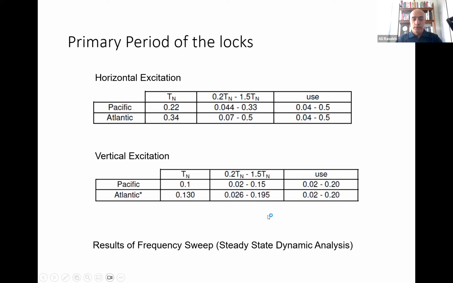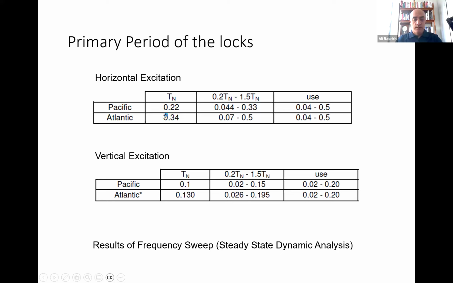Then you do a frequency sweep, which means you redo the analysis with waves of various frequencies, and then you see which frequency results in the largest response. That's the primary frequency of the system, and it correlates to the primary period of the system.